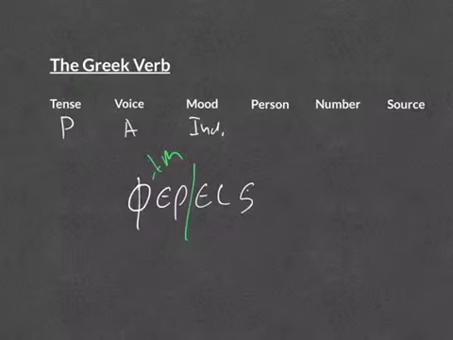And the ais is what? I know we know the person, number, suffix, but what is it, based off page 15? It'd be second person singular. Second person singular, yes. So how would you put that in English? Instead of I bear, it's you bear. Pretty easy.